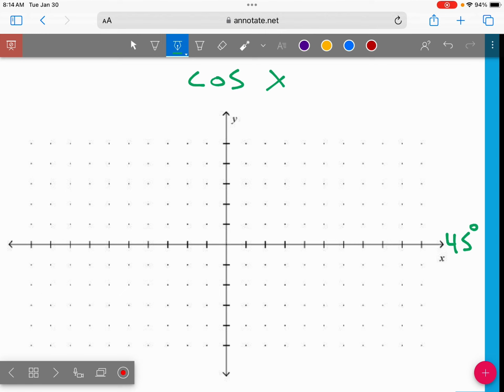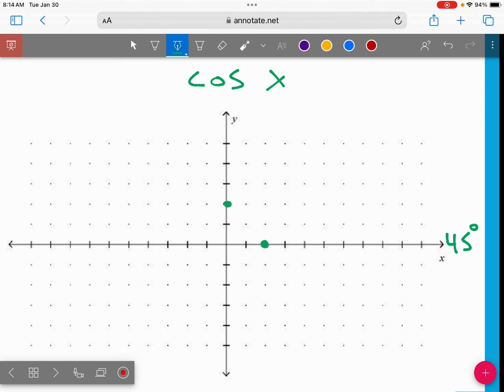And with that pi over 4 scale, at x equals 0, cosine equals 1. At theta equals 90 degrees, what's cosine equal on our unit circle? 0, yep.